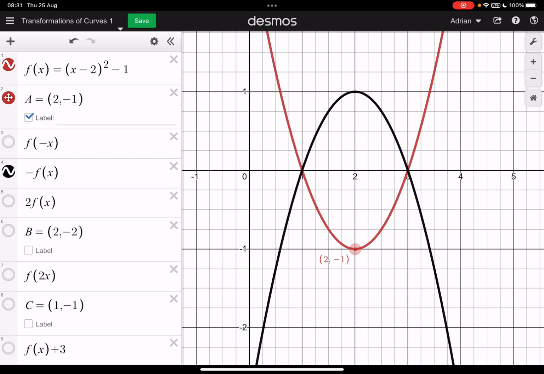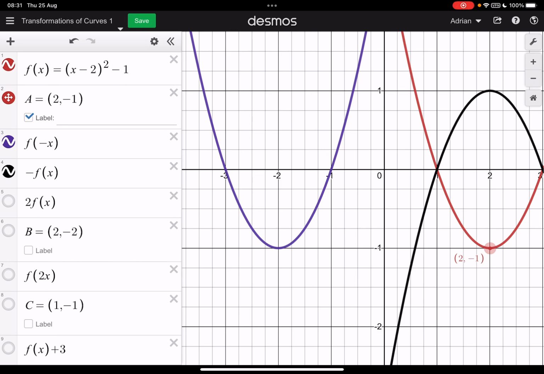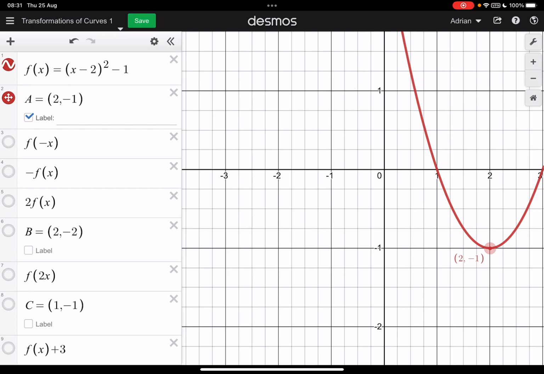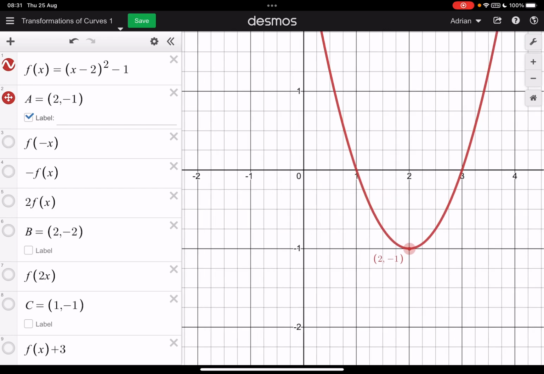And this is basically, anytime I do something to the whole function, it's going to have a vertical transformation. Anytime I do something to just the x, it's going to involve a horizontal transformation.